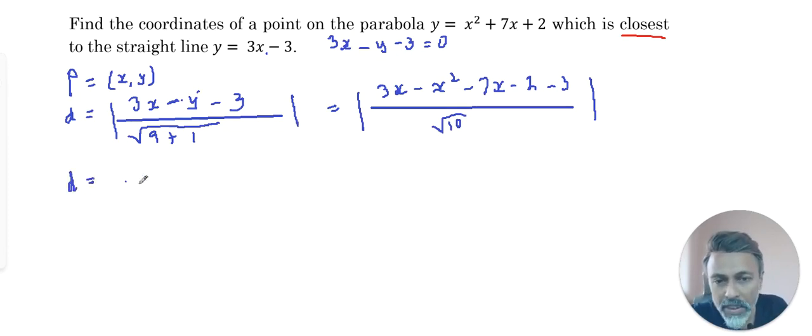Therefore d becomes equal to mod of (minus x square minus 4x minus 5) divided by root 10.